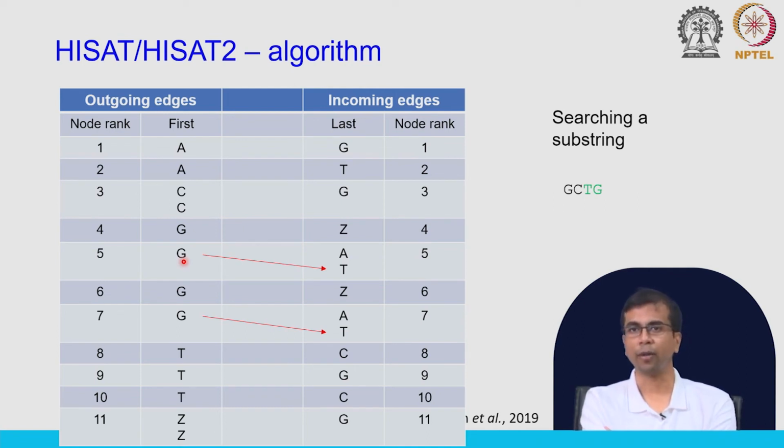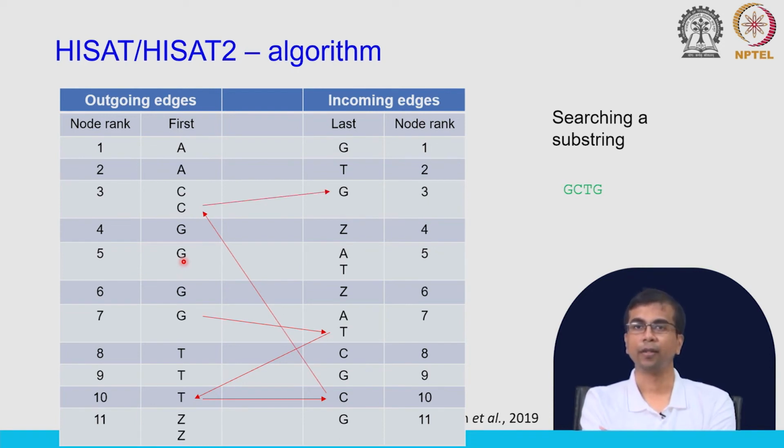So, we need to follow up on those two paths, and these T's, because of last first mapping, correspond to these two T's here in the first column, and only for one of them we find C. We are looking for C. So, we can find C, and this C corresponds to that one there. This is the second C, and then we have this G. Okay.